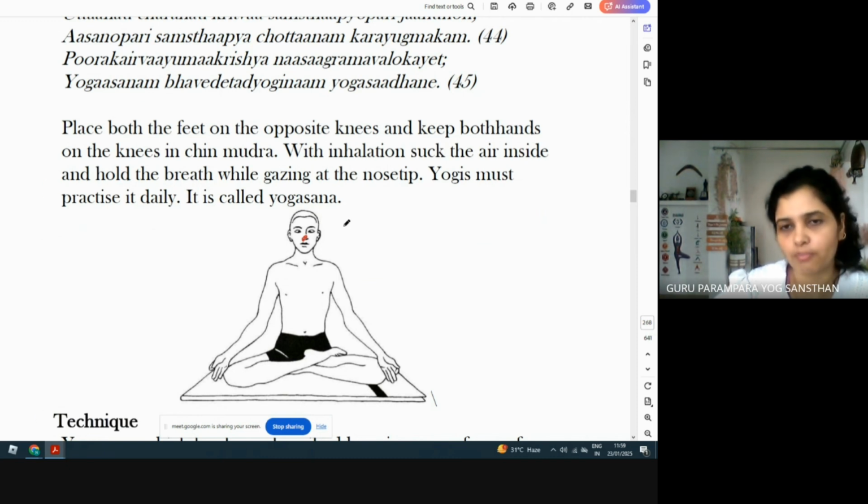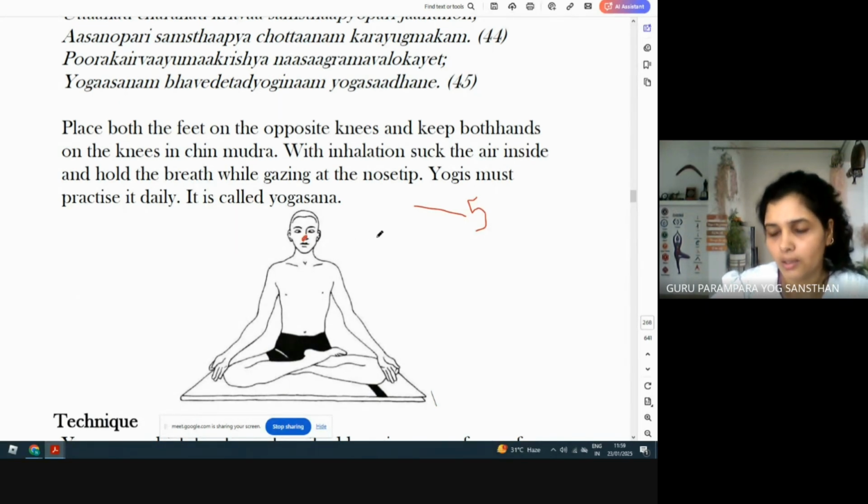It is called Yogasana. Benefits are not given, but as we read, other than all four important asanas, Yogasana was included for Nasagra Drishti. You have to cross your feet on each other, do the Chin Mudra and gaze at the tip of the nose.